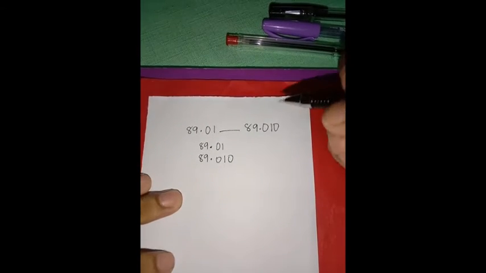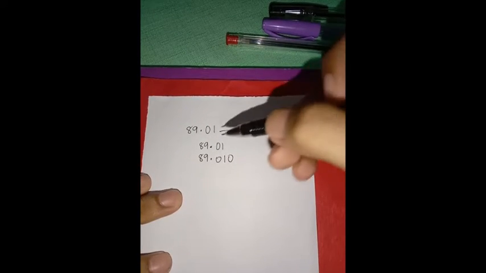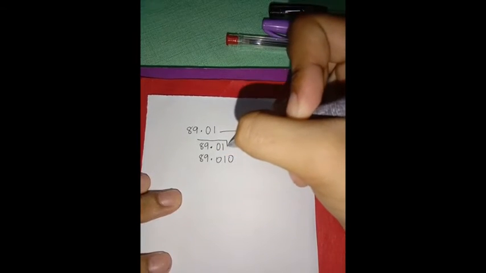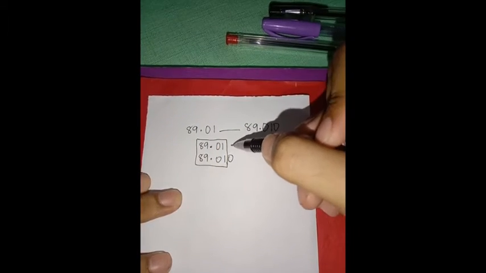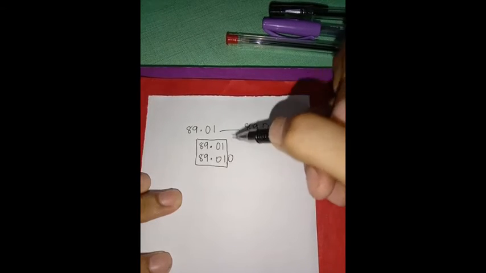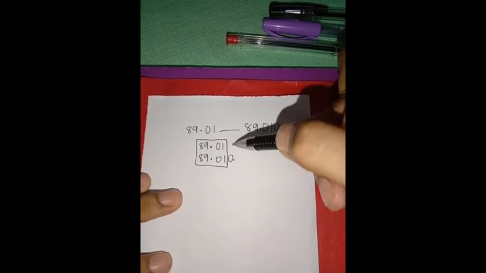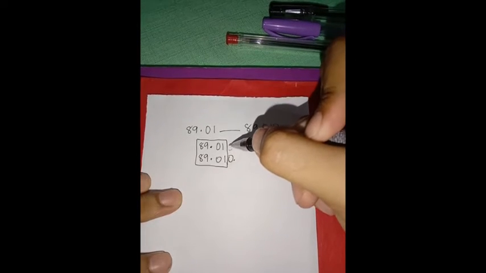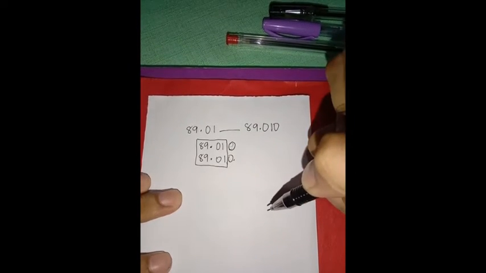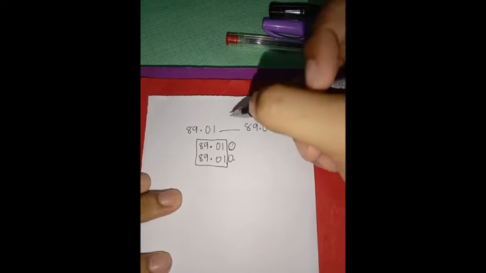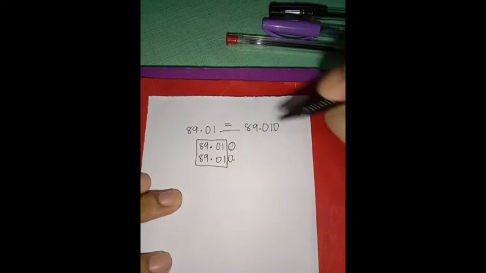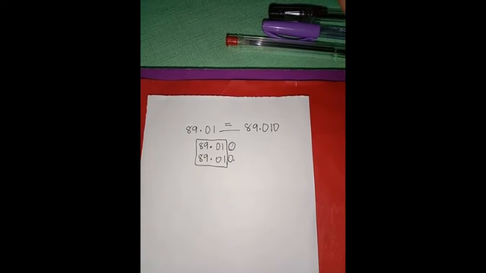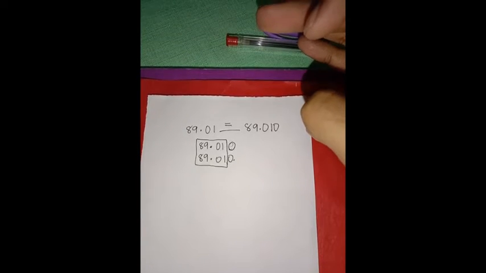If you notice, these numbers are all the same, so we compare at this side, at the 0. Since this is blank, we have an imaginary 0. Meaning the answer here is equal. So that is how simple comparing decimals is.